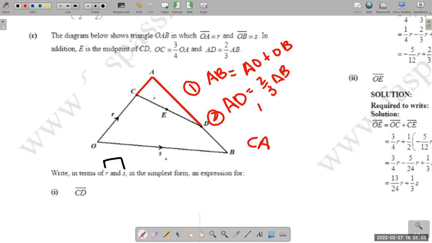So that's why it was important for us to identify that earlier, because we know that AC or CA is simply just a quarter of what? OA.